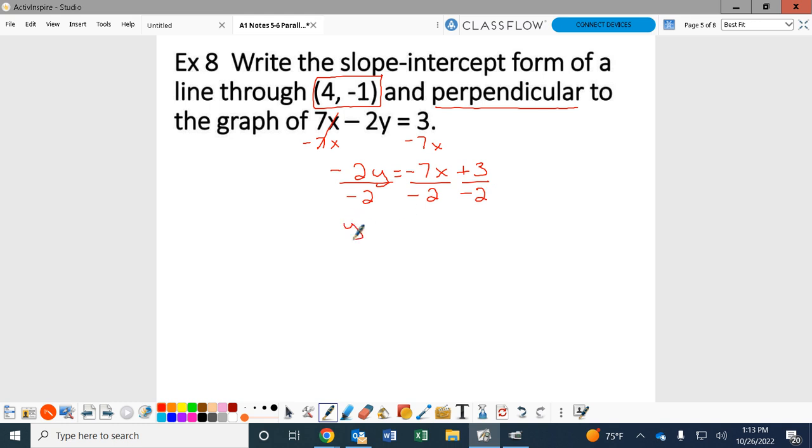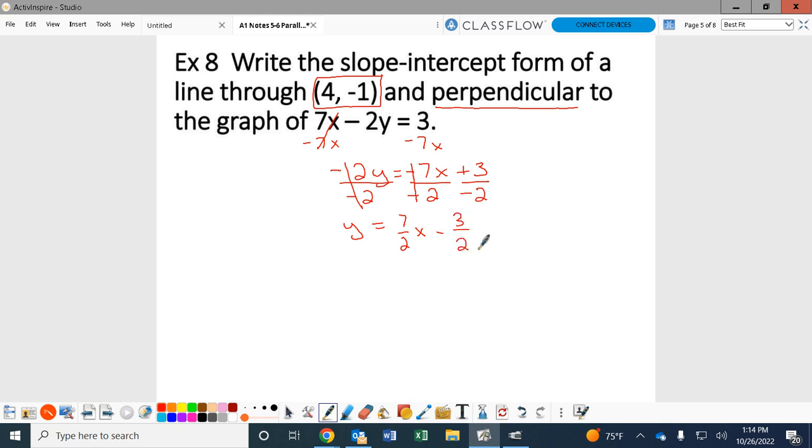I got to have the y all by itself. That's the whole goal of solving it, is to get it to y equals mx plus b. So, guys, a negative divided by a negative is a positive. So that would be 7/2 x minus, because a positive divided by a negative is a negative, and then it'd be 3/2.